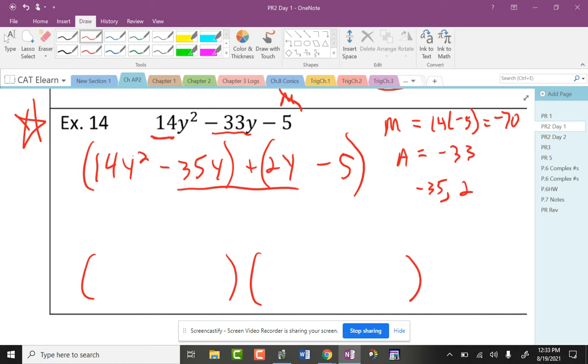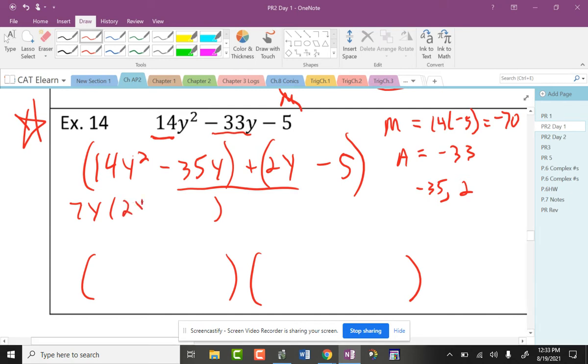So look at the first parenthesis. What can I pull out of that? Not only a y, there's something else. What does 14 and 35 have in common as a factor? 7y. And then what are you left with when you undistribute that 7y? 7y times what equals 14y squared? 2 what?